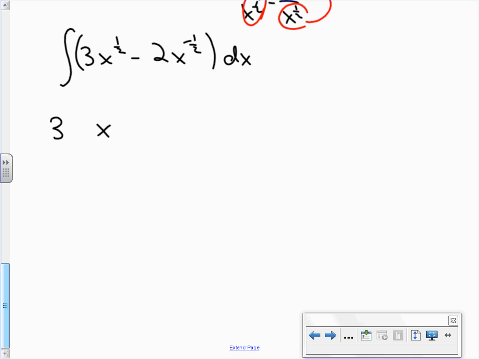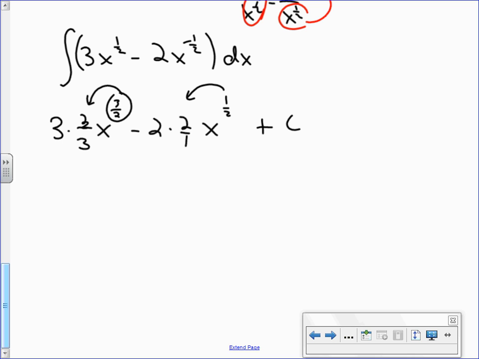X to the, add 1. 1/2 plus 2/2 is 3/2. And then here you do the reciprocal of this, goes here, it's 2/3. 1 over 3/2 is 2/3. Minus 2, a little bit of space. X to the negative 1/2 plus 1, negative 1/2 plus 2/2 is positive 1/2. Do the reciprocal here, and that's 2 over 1.